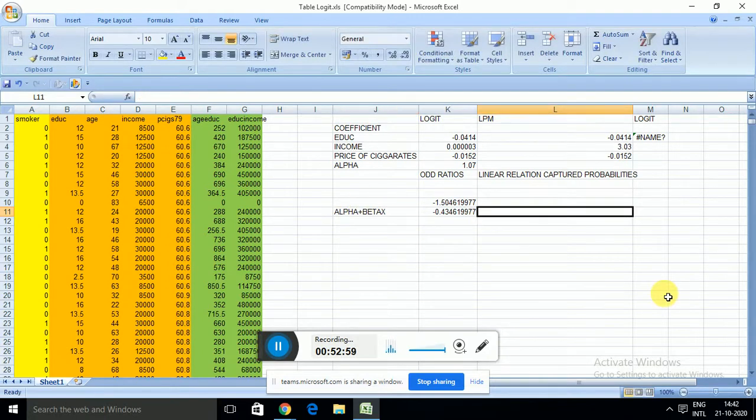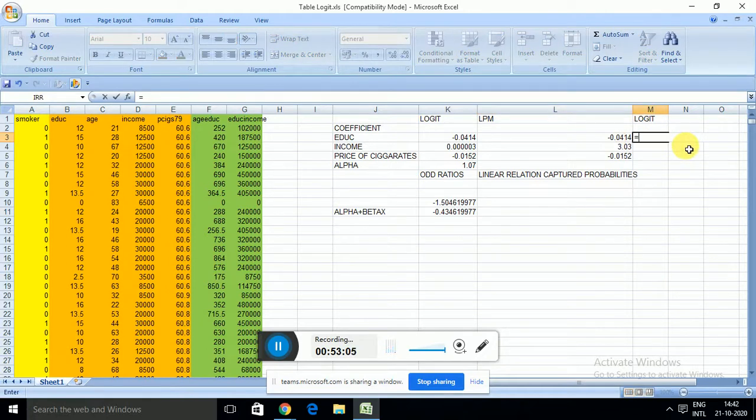The formula for the probability here is 1 over 1 plus e, where e is the exponential, which is 2.71 or 2.72, raised to the power negative of alpha plus beta x.